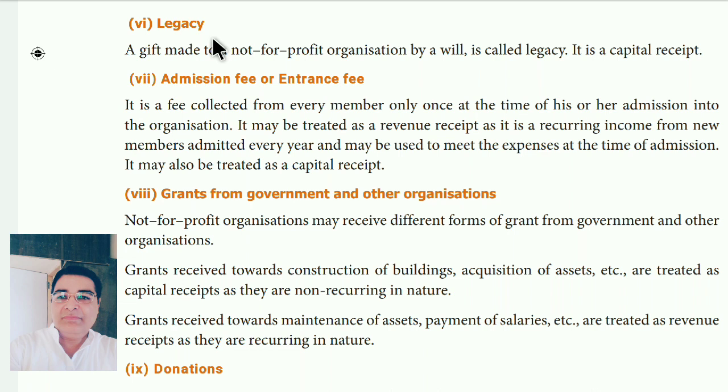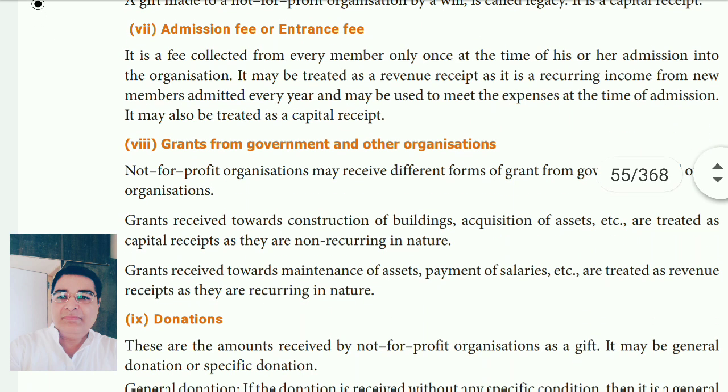So legacy will be shown on the liability side of the balance sheet. So if anyone writes a will saying that according to my will, all my property belongs to the NPO, that will come under capital receipt. This capital receipt will be shown on the liability side of the balance sheet. So the third very short answer is over.